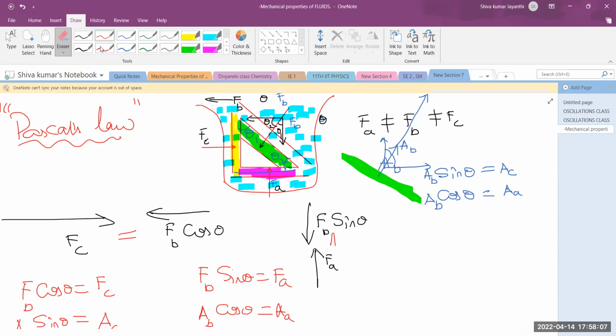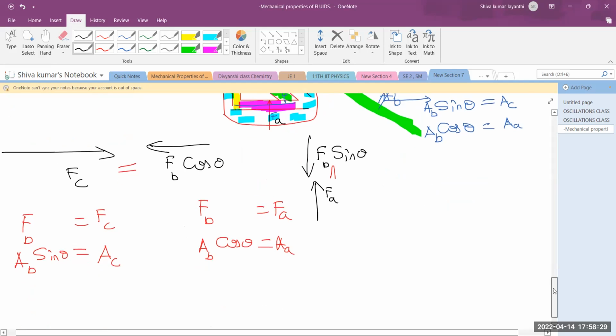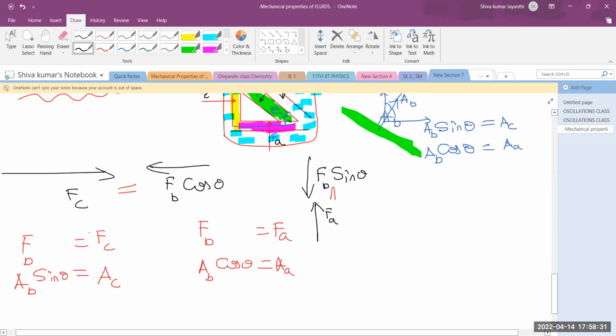So cos theta will become sine theta for me, and sine theta will become cos theta for me. Anything you can take, but one of them you should take. So Fc will become sin theta here also.